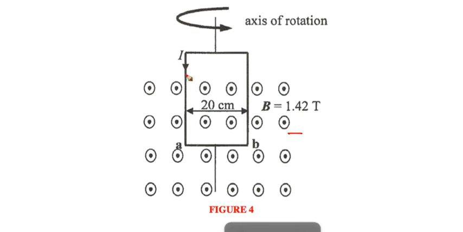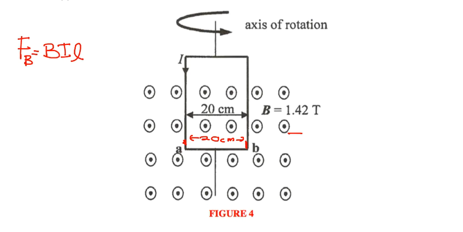When a current-carrying conductor is in the magnetic field B, the wire has a magnetic force F on it. The magnetic force on the wire is given by the magnetic field B, current flow, and the length of the wire. Now the question asks for AB. The length of the wire here is 20 cm.